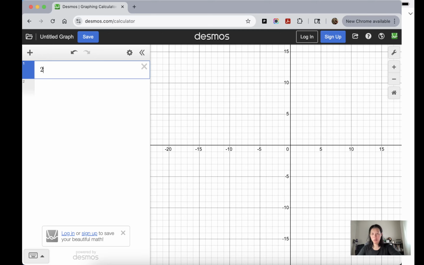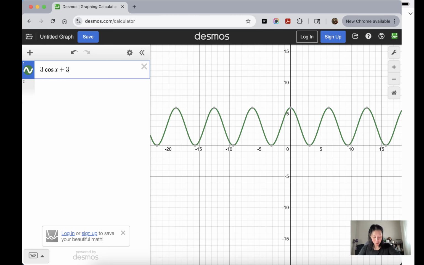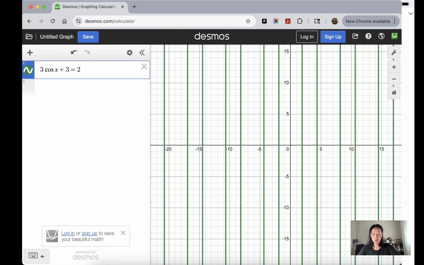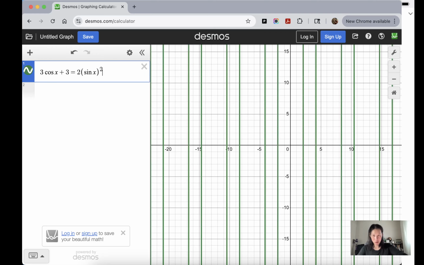Maybe the problem is the square. Let me try this again. I have 3 cosine x plus 3 equals 2 sine x squared. Nope, it won't work.